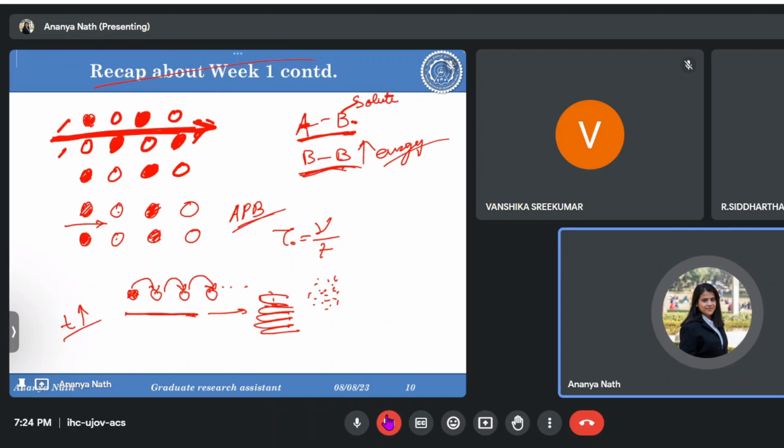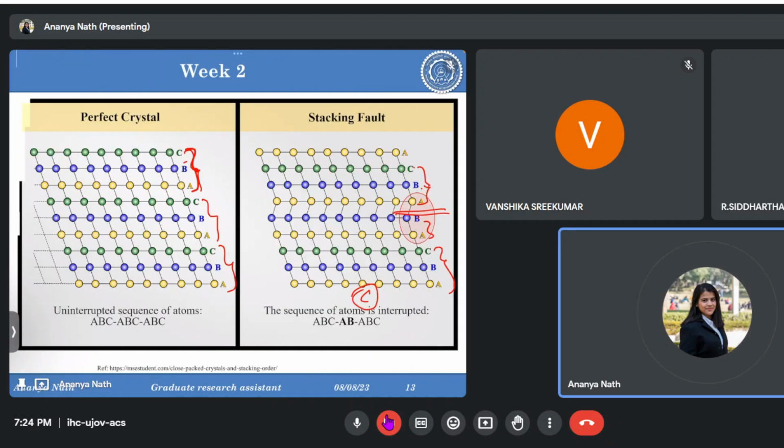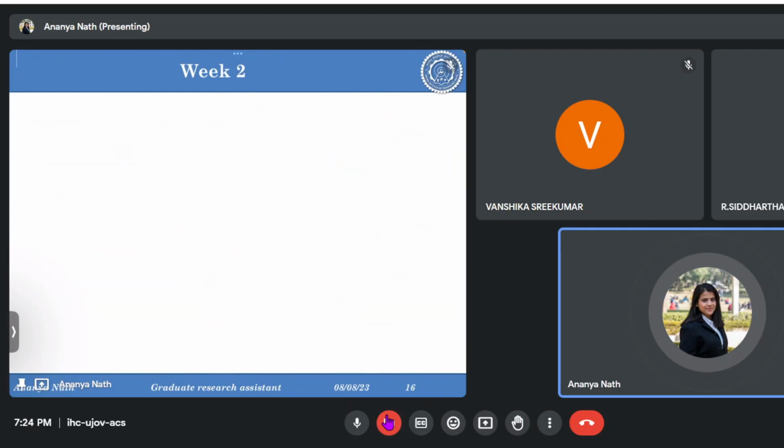Then there were some graphs which define how the temperature is interfering. So there, if this is stress and this is the velocity, this is temperature 1 and temperature 2, and this will be the case where temperature is helping the velocity to get more energized motion.